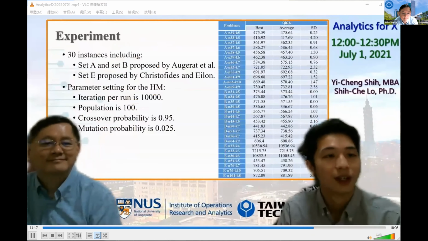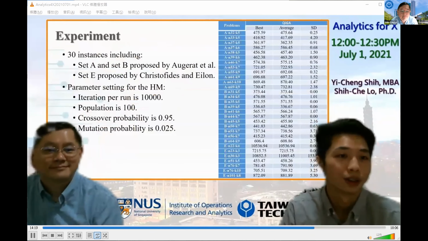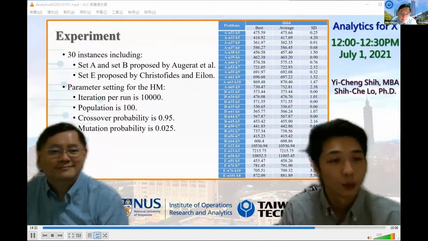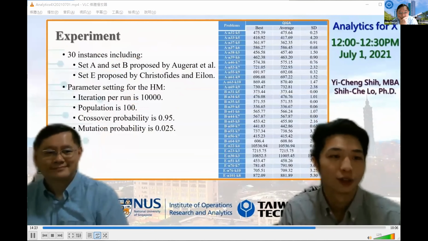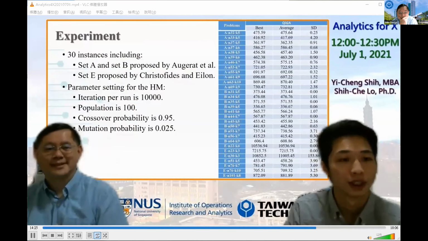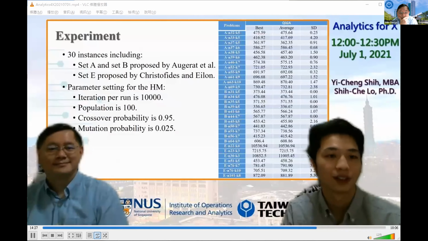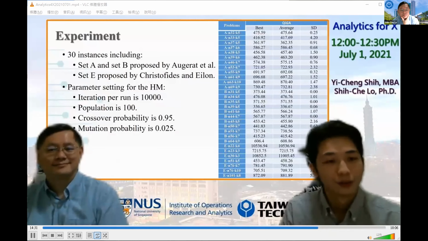And then I will talk about our experiment. We use 30 different kinds of instances, including set A, set B, and set E. And for each instance, we ran the test 30 times.